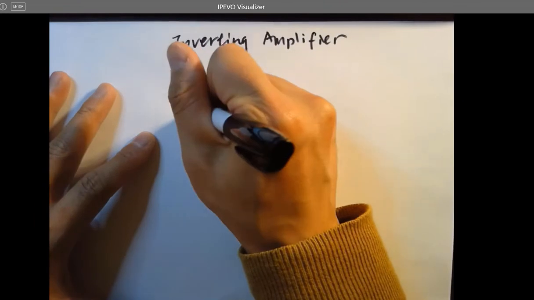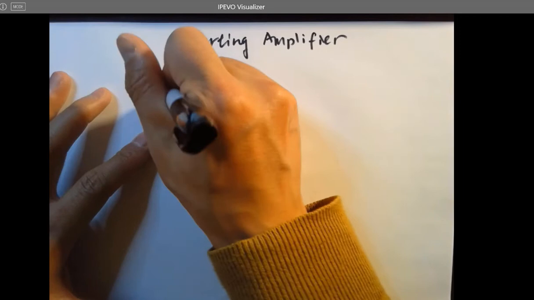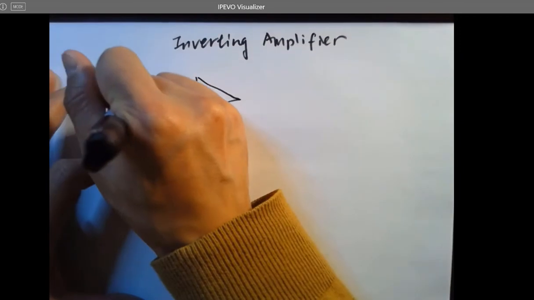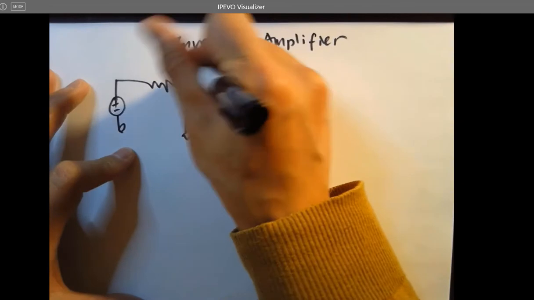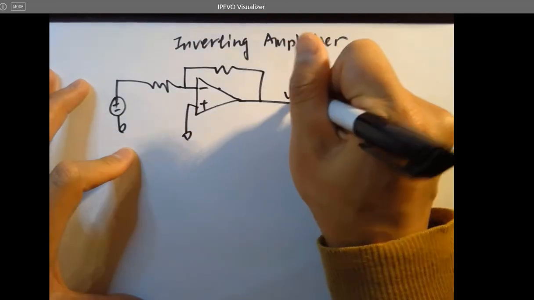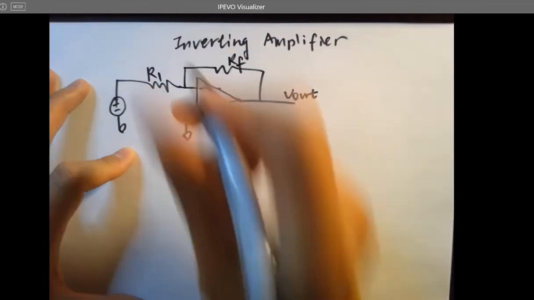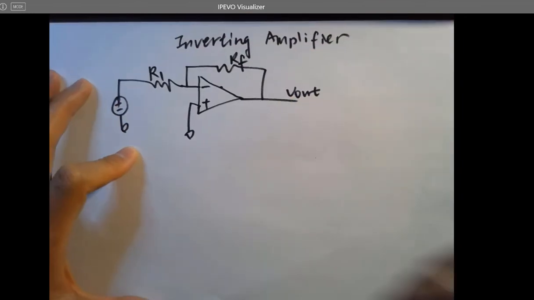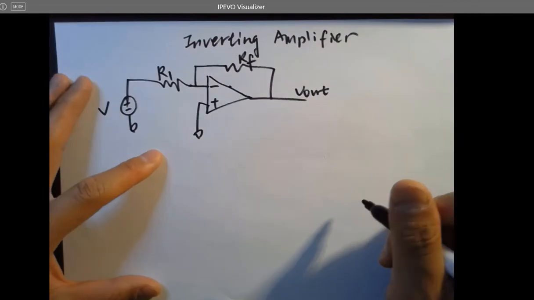So it looks like this. This is the feedback resistor called RF. This input resistor, we call it R1 or RI, doesn't matter. And that's the input voltage.